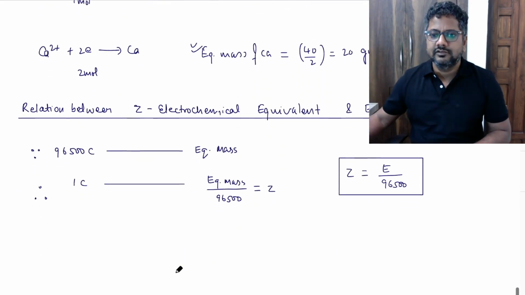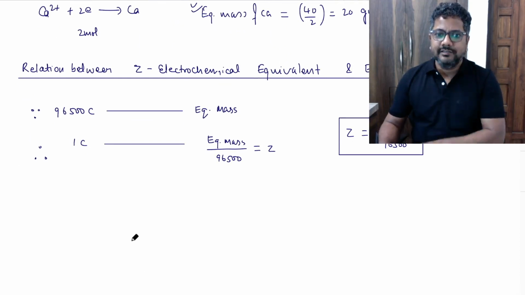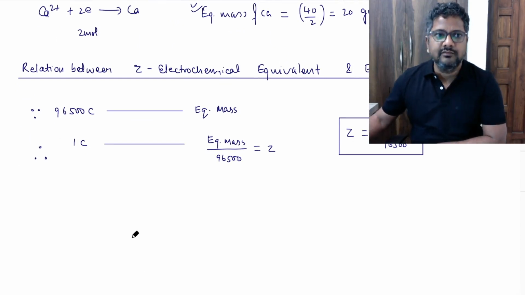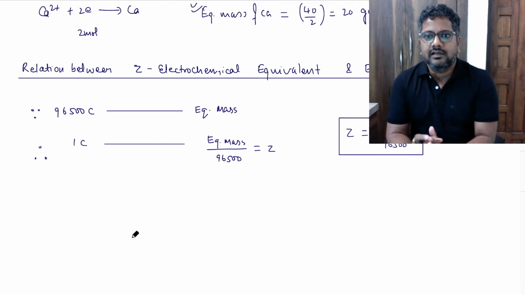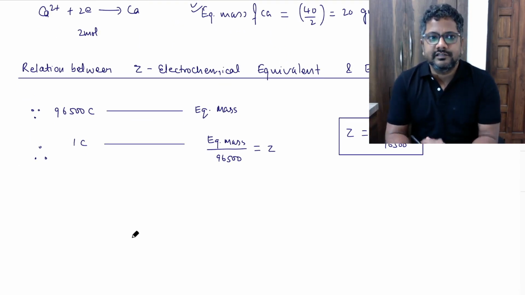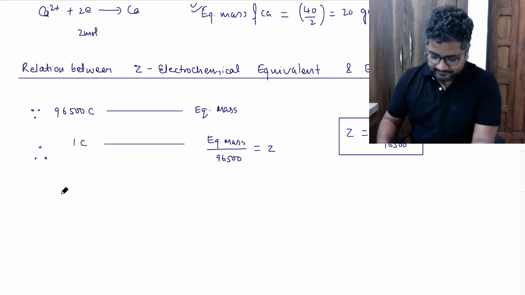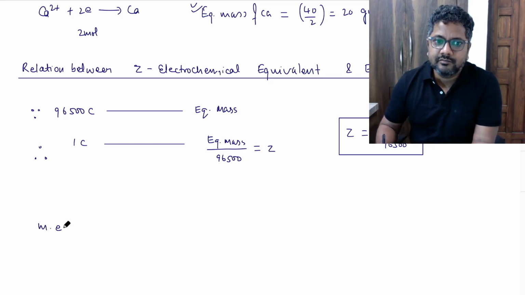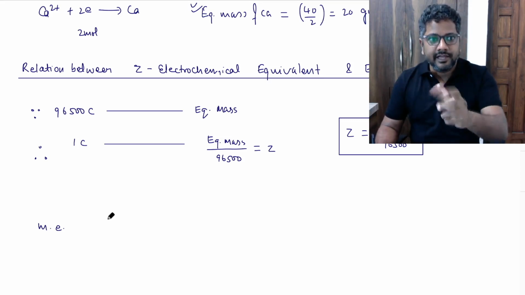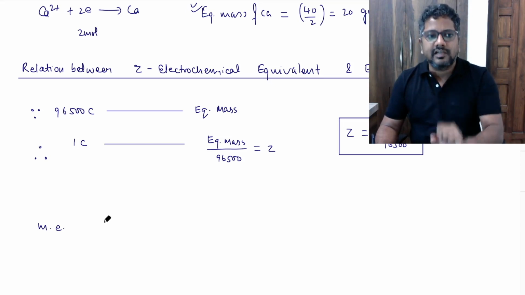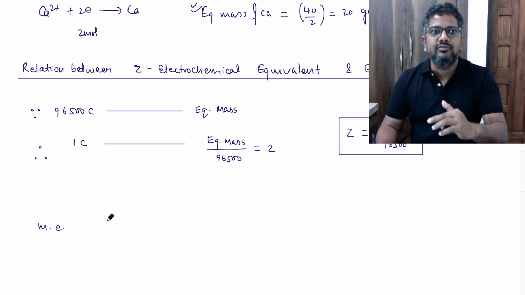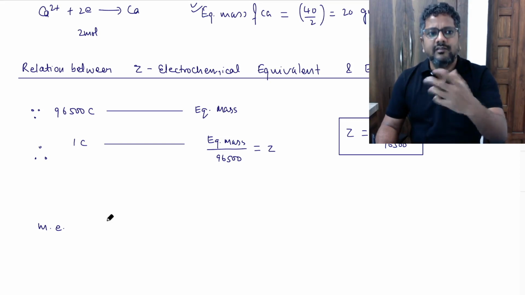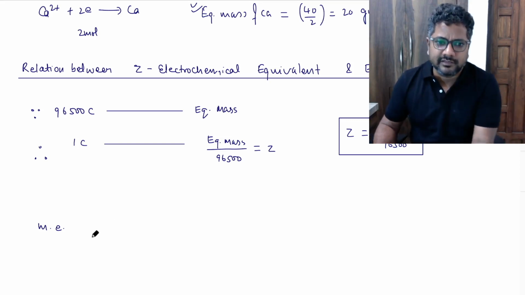Clear? Okay, good. Now I am going to give you one master formula for all calculations based on Faraday's law. See, milliequivalents is so general a formula that we can relate all units in terms of milliequivalents, whether it is mass to mass, volume to mass, or normality, molarity, whatsoever, everything we can convert here.